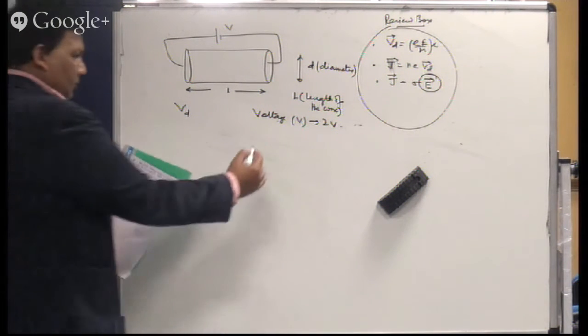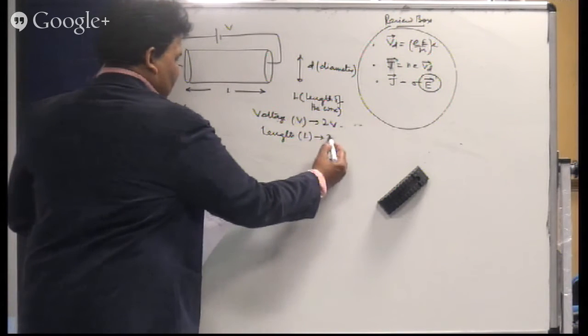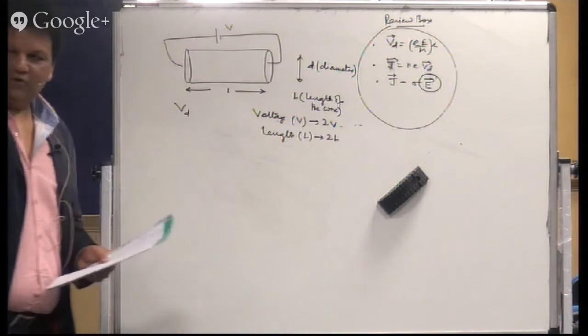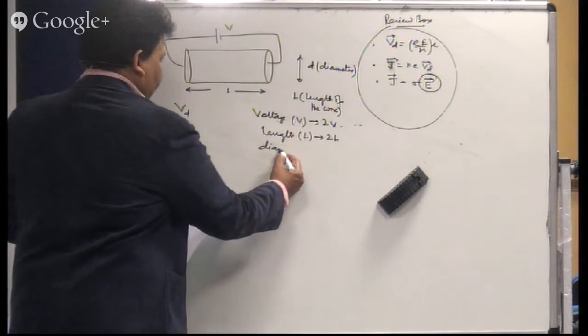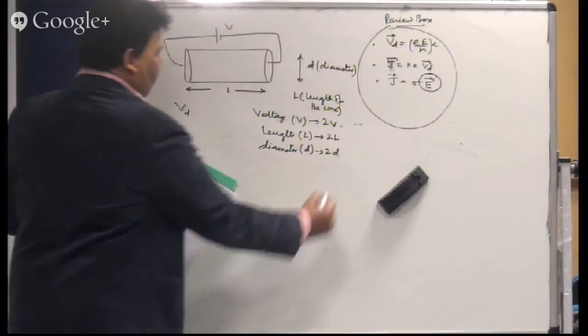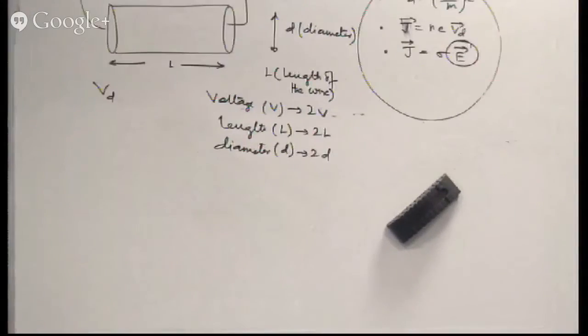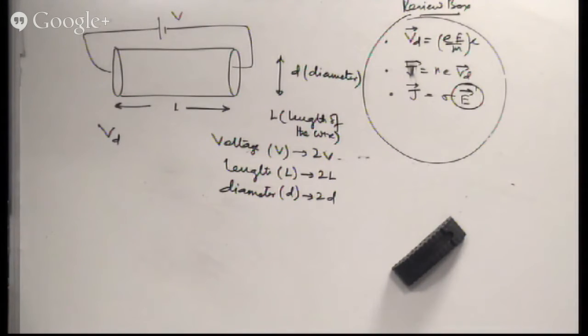Question 2: the length L is doubled, the effect on drift velocity. And the diameter D is doubled. Individually, what is the effect on the drift velocity? That's what you tell.